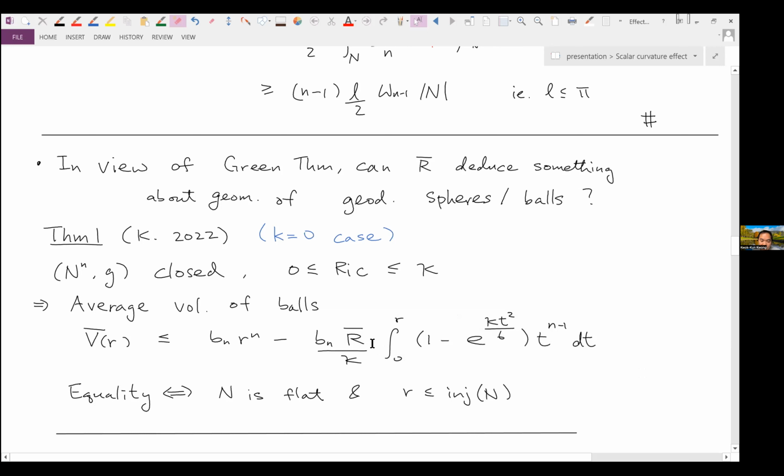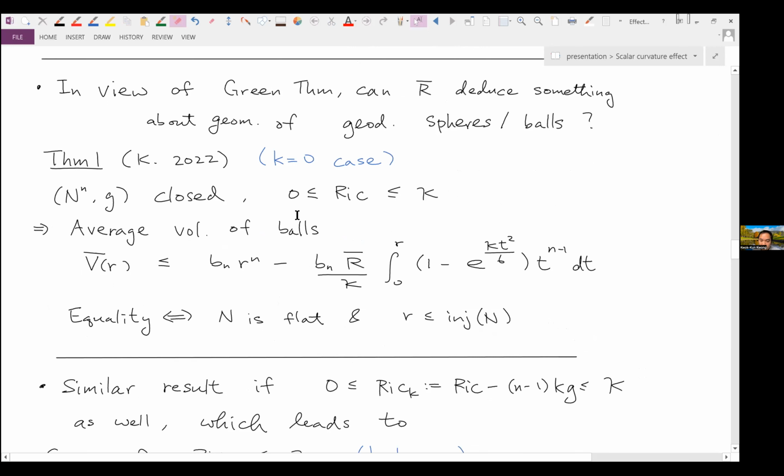Here R bar is the average scalar curvature. If R bar is positive, then this term is positive, because this integrand is non-negative. So we have an improved bound of the Bishop-Gromov volume estimate.